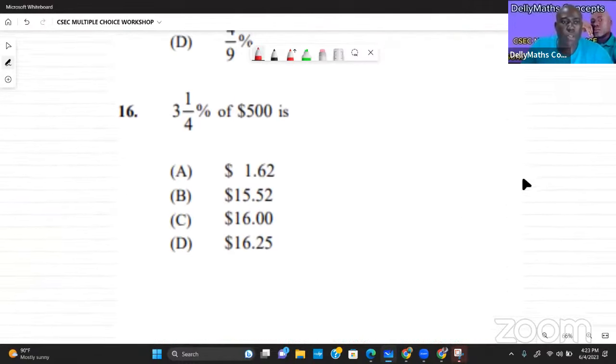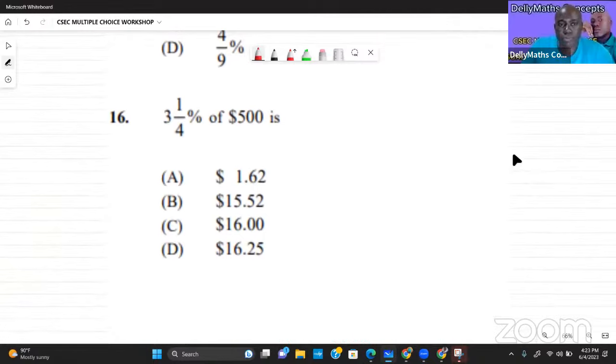All right. Now, number 16 says 3 and a quarter percentage of 500. There are a number of ways you can get there. You can find 3%, you can find 3 and a quarter%. You can do this if you want, right?